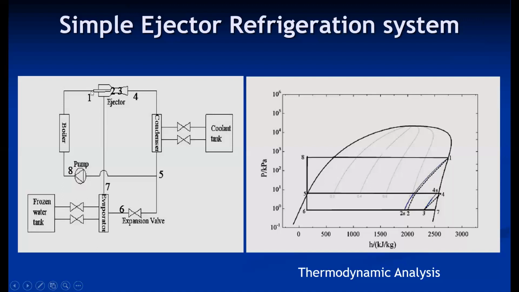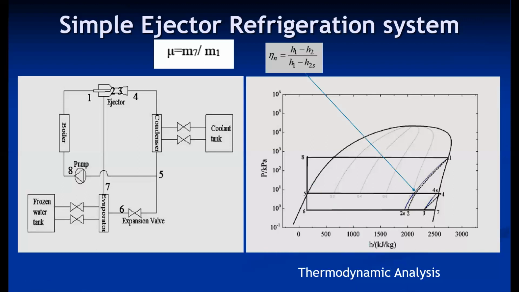The high pressure refrigerant is expanded in the primary nozzle from 1 to 2. So 1 to 2s is the isentropic expansion process, where the refrigerant from the boiler expands isentropically through the primary nozzle. But actually, in the primary nozzle there is some nozzle efficiency, and with the help of this nozzle efficiency, the actual point is point number 2.